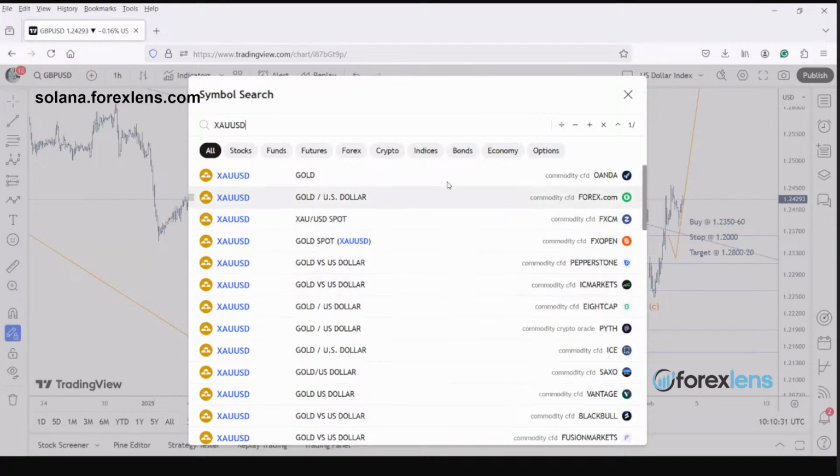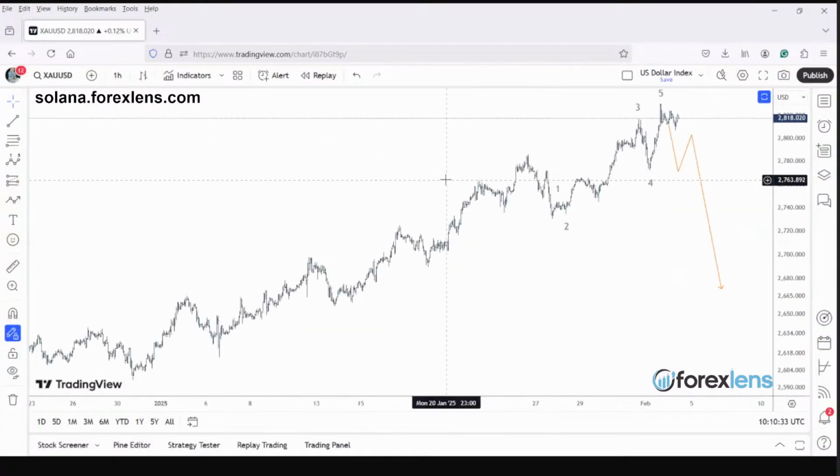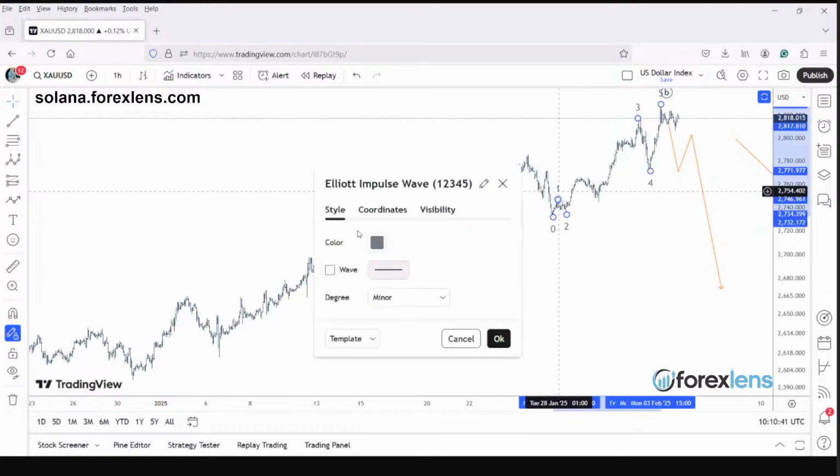Gold. This sideways activity in gold, okay, I need to change this degree. That is not minor, it has to be minute.